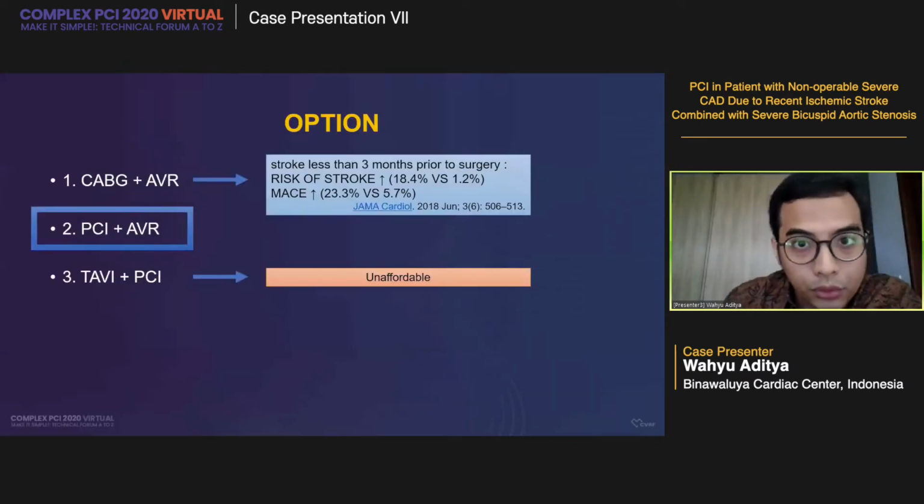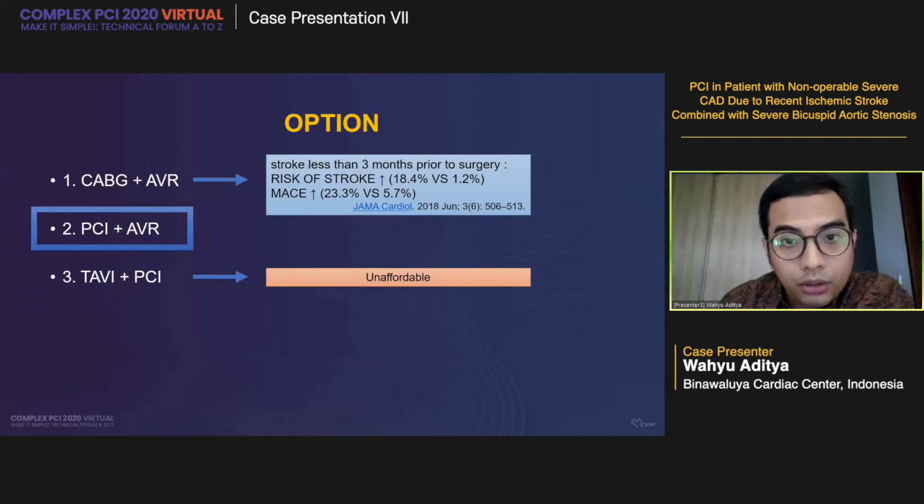We have three treatment options for these conditions. First is CABG and AVR, but the surgeon refused to operate because of the increased risk of stroke, as the stroke was less than 3 months ago.